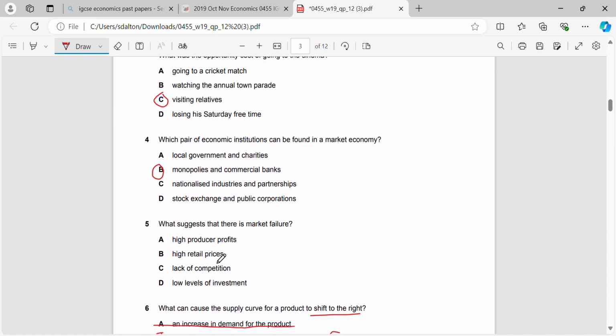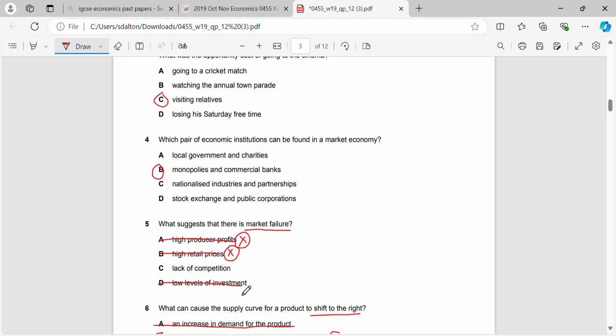Okay, what suggests there's market failure? So, you need to revise your ideas behind market failure, but high producer profits does not suggest there's market failure, because they may have high profits. That's perfectly okay. High retail prices, same thing, does not suggest that there's market failure.